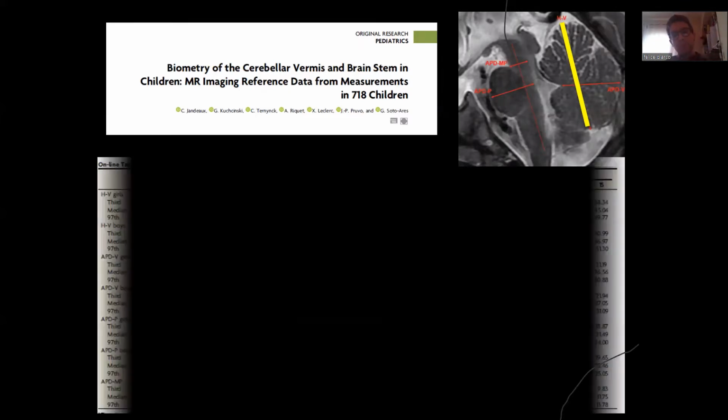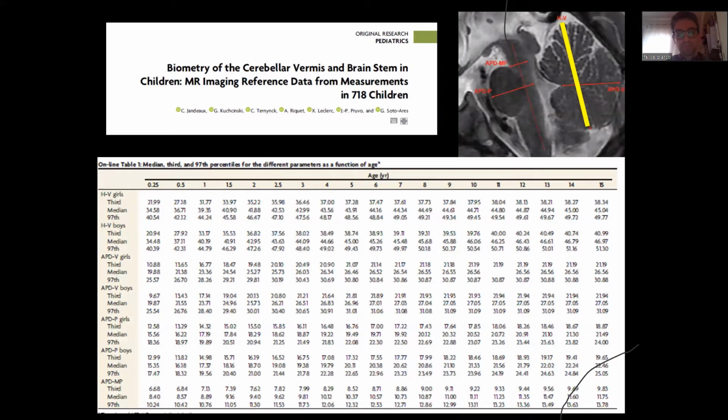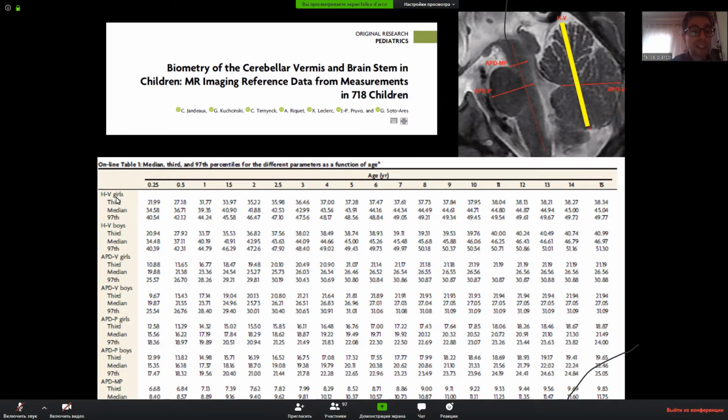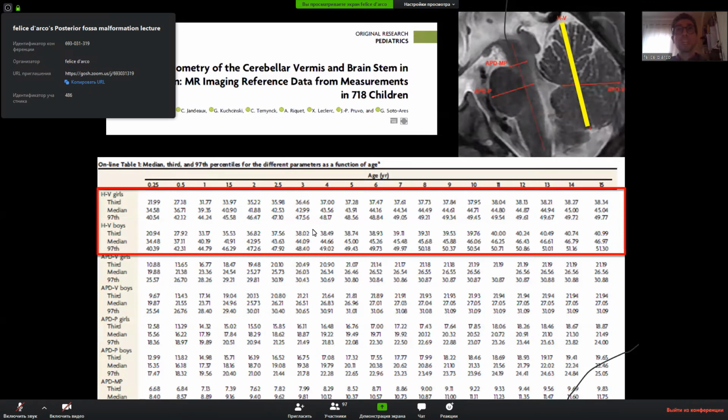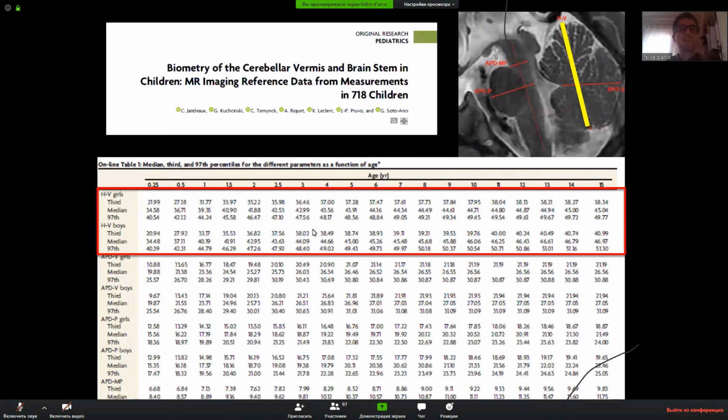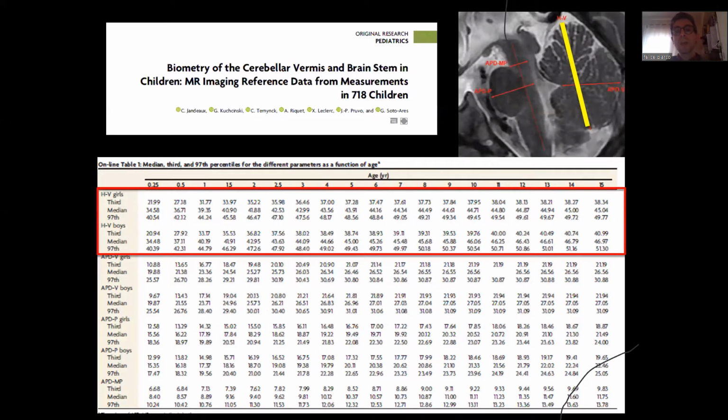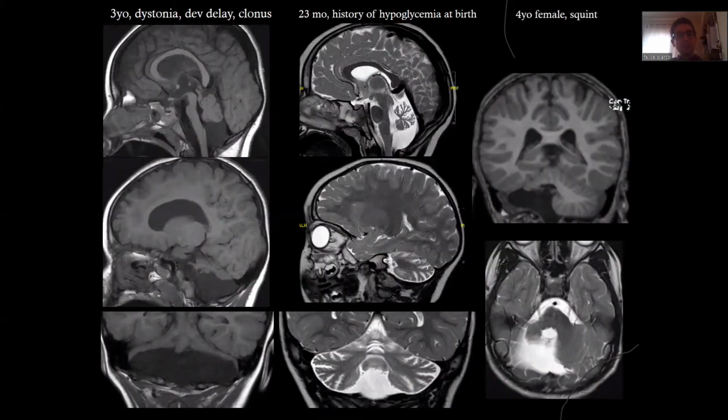They have different values divided by age and sex, and this is the vermian height. So if you have a neurogenetic patient or a suspected neurogenetic condition, you look at the vermis, the rest is fine, there is no Dandy-Walker, there is no Blake's pouch cyst, and the vermis looks a bit smaller, use this measurement and confirm your finding. That's very, very important.